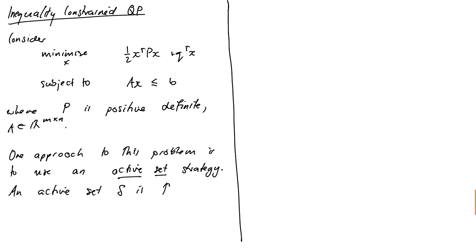So an active set S is the set of constraints that hold with equality, i.e. binding or sharp.